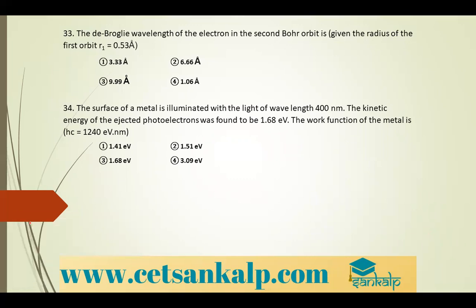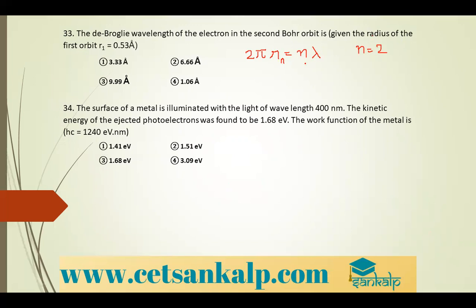So the de Broglie wavelength is given as 2 pi r is equal to n into lambda. So they given ಅಂದ್ರೆ ಇದು ಆರ್ ಎನ್ ಅಂತ ತಗೊಂತೀವಿ. ಸೊ ಎನ್ they given as 2, right?